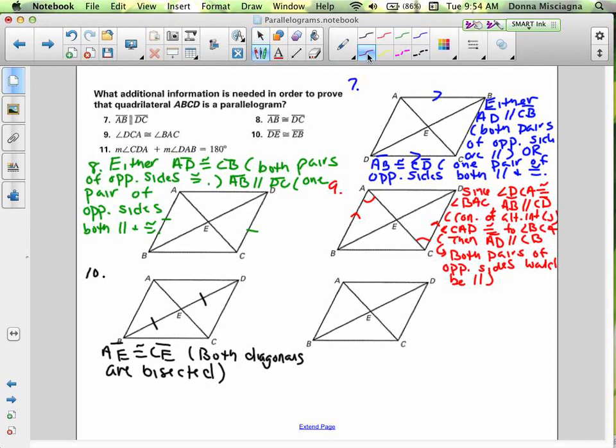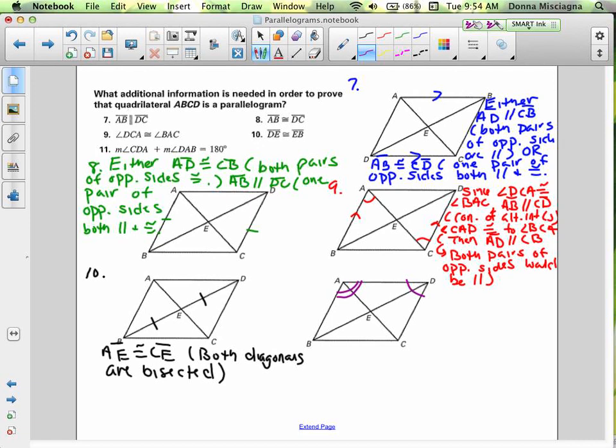All right, angle CDA, that's this angle here, plus angle DAB, that's this angle here, add up to 180. They're supplementary. They're not the same measurement. So we need one angle supplementary to both pairs of consecutive angles.